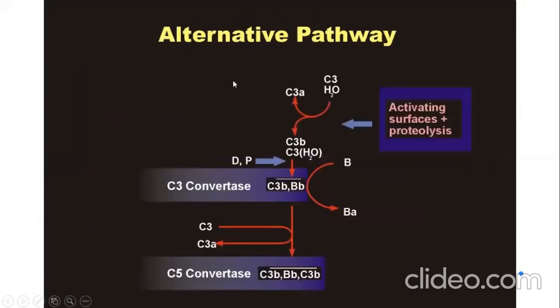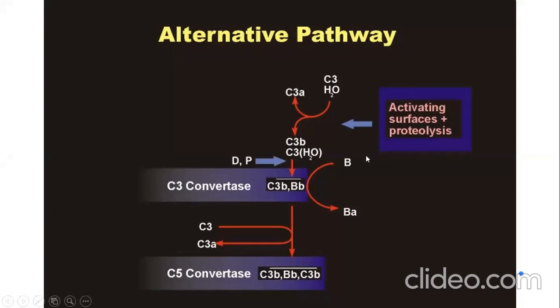But in terms of the alternative pathway, there is a distinction. It doesn't involve C1 or C4 in the beginning step. It starts with a specific chemical process called hydrolysis, directly forming C3 convertase from the C3 molecule, where hydrolysis converts C3 into C3a and C3b, and then the C3b product forms into a convertase enzyme.